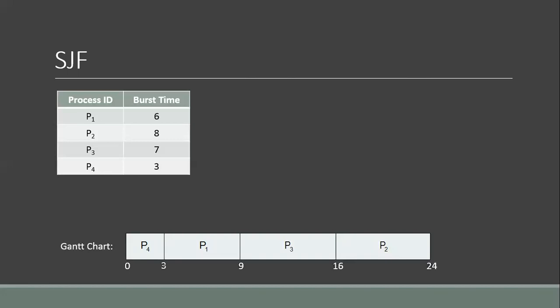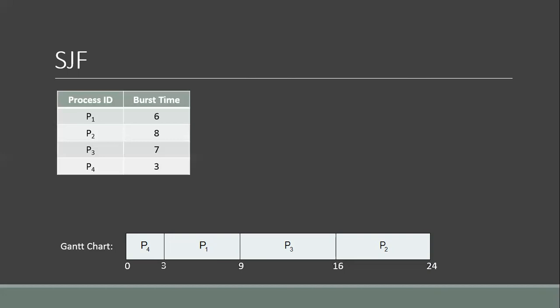This is the Gantt chart that explains the schedule of these processes on the system using SJF policy. Because at time 0, there are 4 processes in the ready queue. And while using SJF, we will select a process from the ready queue for allocation on the CPU based on the condition that process should have shortest burst time.